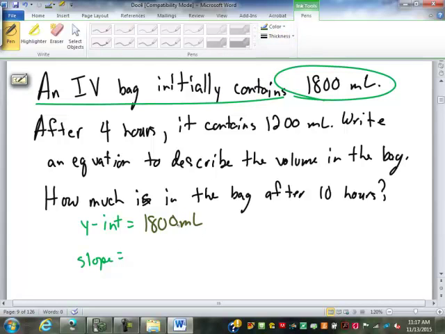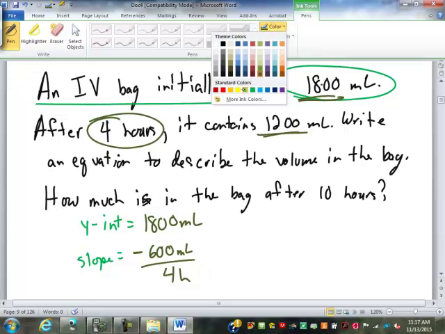Now our slope is a rate of change. In 4 hours, how much did it change? 600, from 1,800 to 1,200. That's a negative 600 because the volume decreased, milliliters over 4 hours.